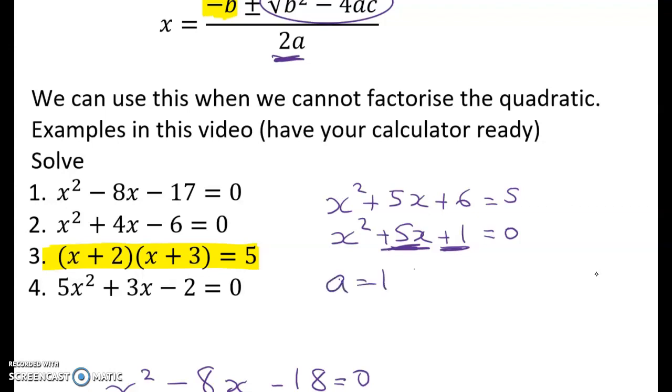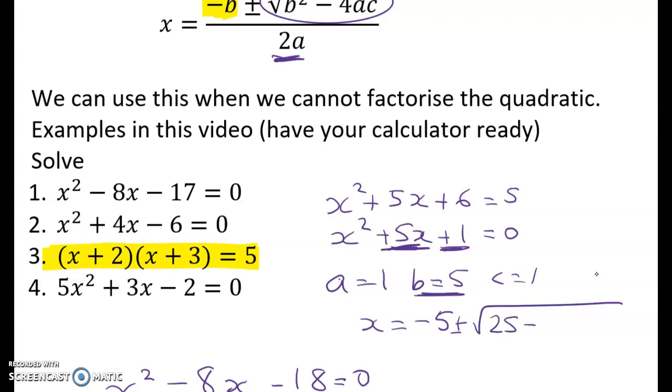So a is 1, b is 5, and c is 1. x is equal to negative b, so negative 5, plus or minus the square root of b squared, 25, minus 4 times a, 1, times c, 1, divided by 2a, which is 2.